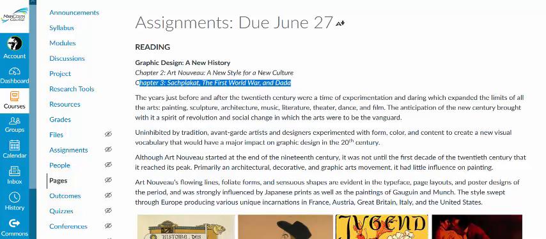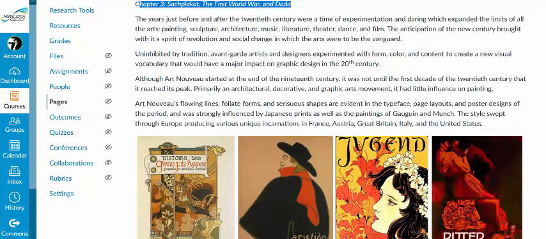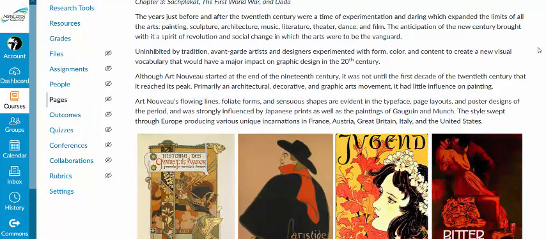Now, the years before and after the 20th century were a time of great experimentation, and the anticipation of a new century brought with it a spirit of revolution and social change in which the arts were to be the vanguard. Uninhibited by tradition, graphic designers experimented with form, color, and content to create a new visual vocabulary.